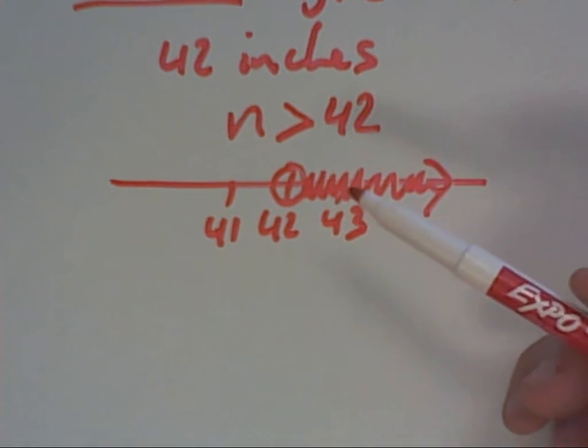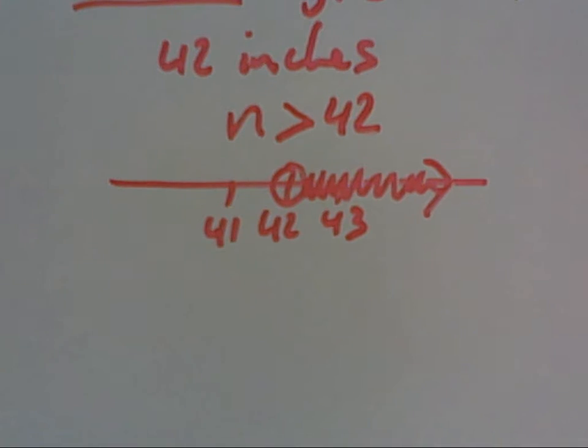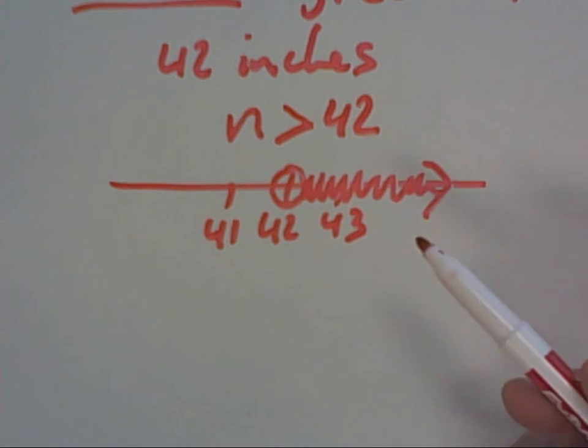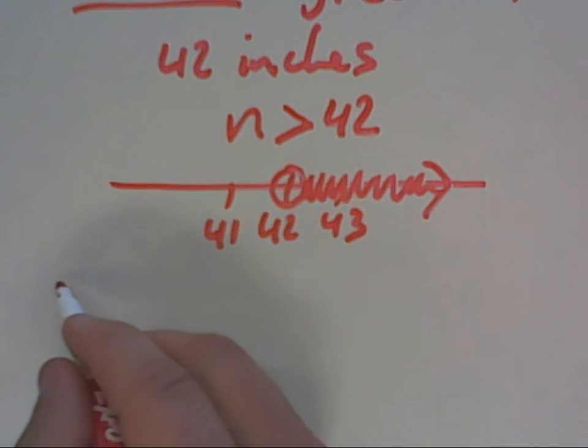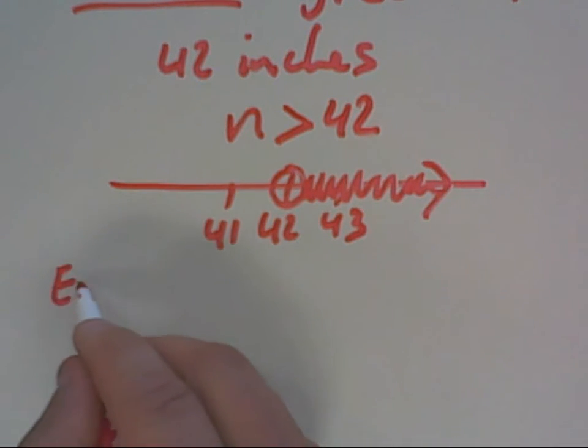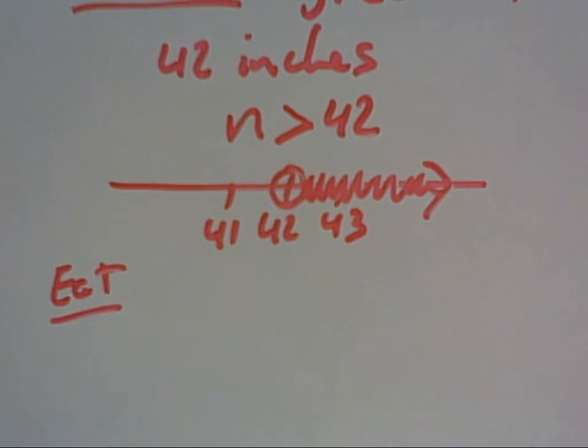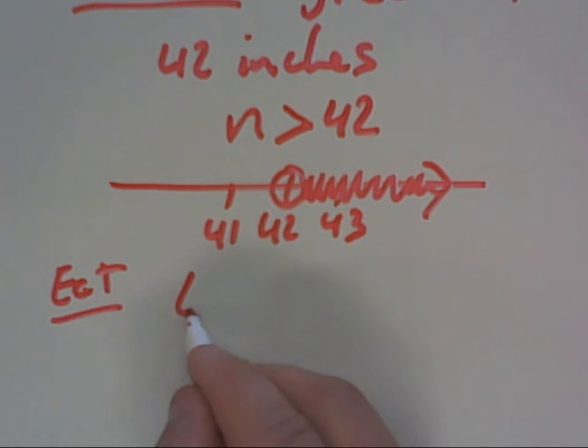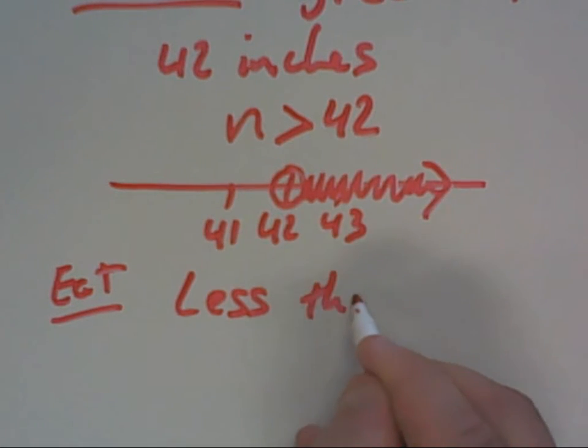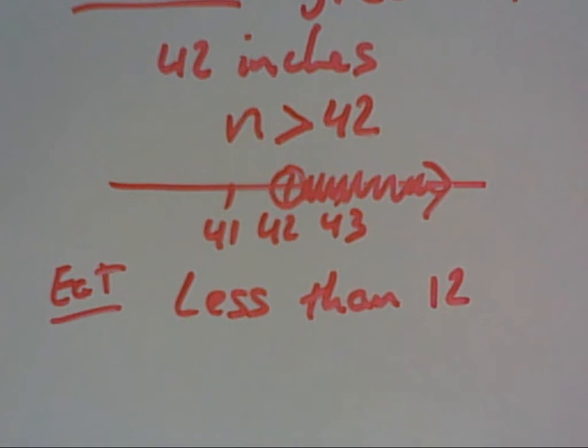We can do similar inequalities. One that would be something we can relate to, instead of people who can drive or what you can do on a roller coaster, might be eating free. Let's say that you go into a restaurant and it says that if you are less than 12 years of age, you eat free.